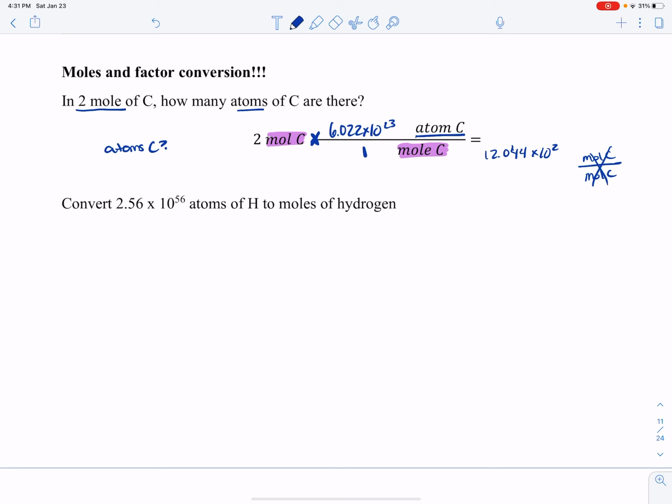Times 10 to the 23rd. Our mole units canceled, but we still were left with atoms of carbon. Practice it on your own for the hydrogen, and make sure that we're getting it in your calculator correctly.